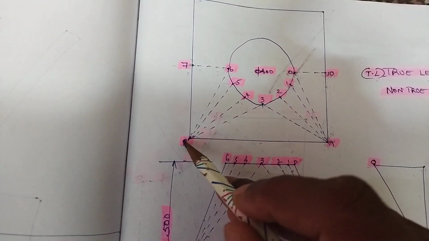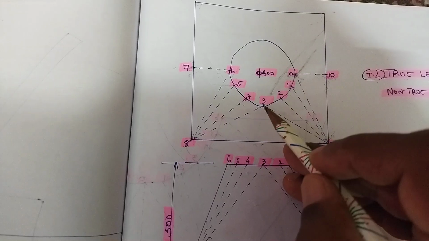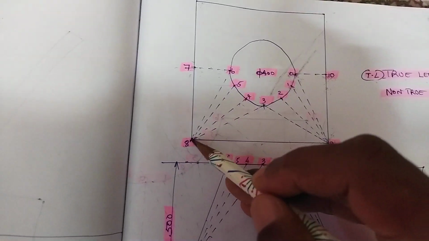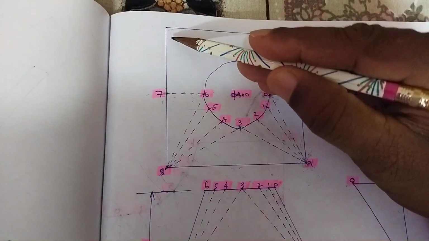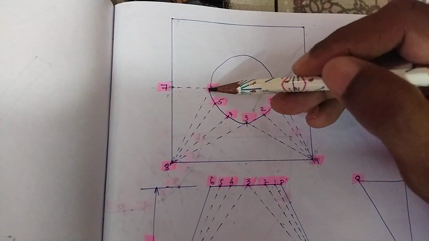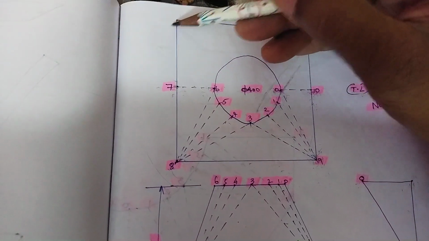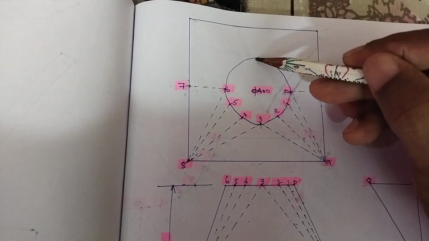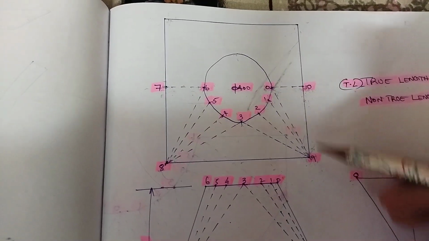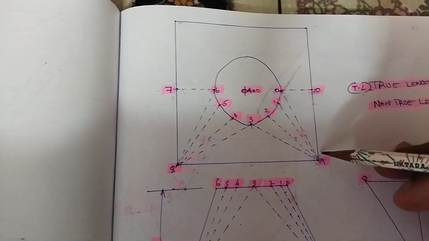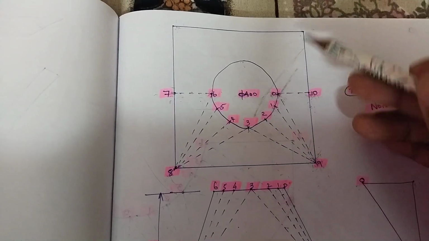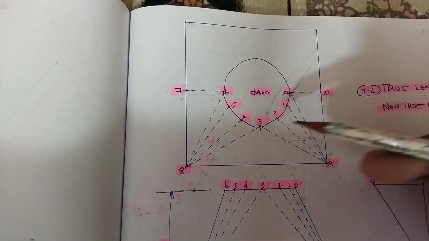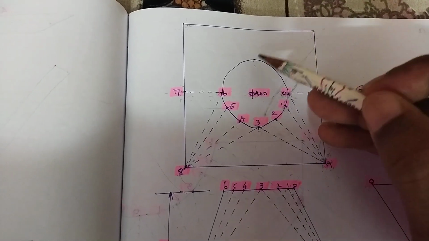The same measurement will be there from 8 to 3, and the same from 8 to 6. Same things are happening on this opposite side also. If we have got 9 to 0, and 9 to 3, the same is here also.